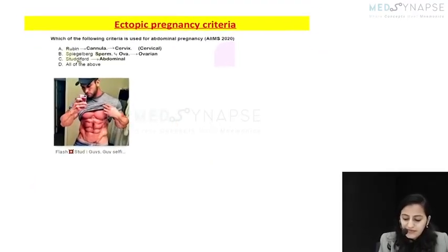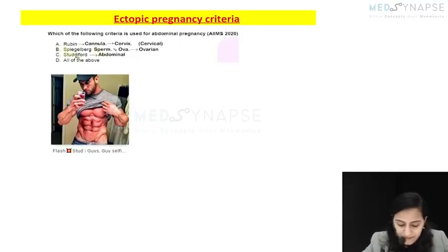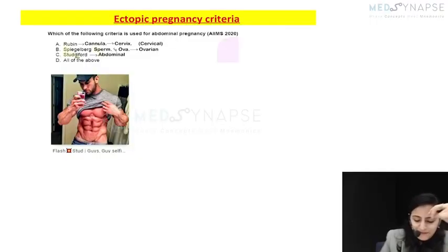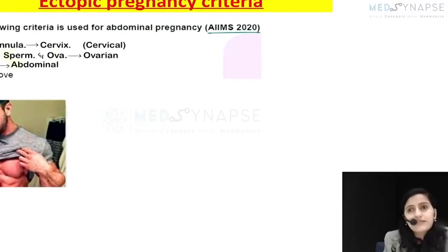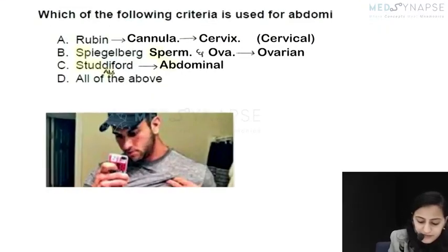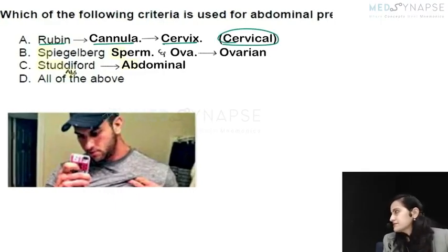The ectopic pregnancy criteria that we have: what is the criteria for abdominal ectopic? Studdiford. For cervical, Rubin. For ovarian, Spiegelberg. Remember, this has been asked even in your INICET AIIMS exam. So INICET doesn't mean all high-fi questions, it can be fact-based one-liner questions. Rubin is like the Rubin cannula used for cervical cannulation, so Rubin is cervical.